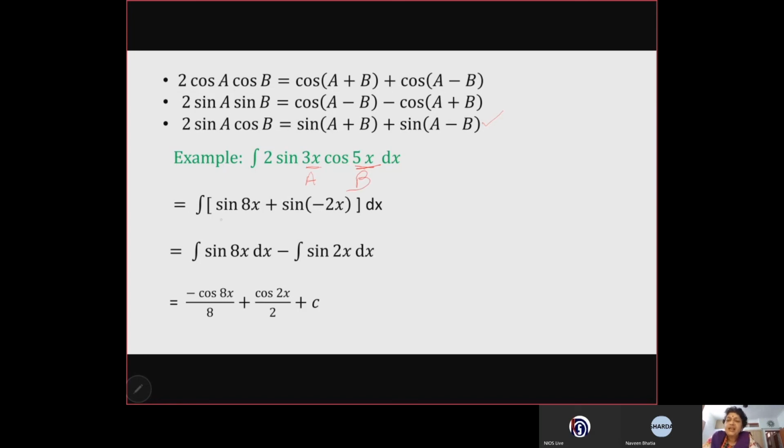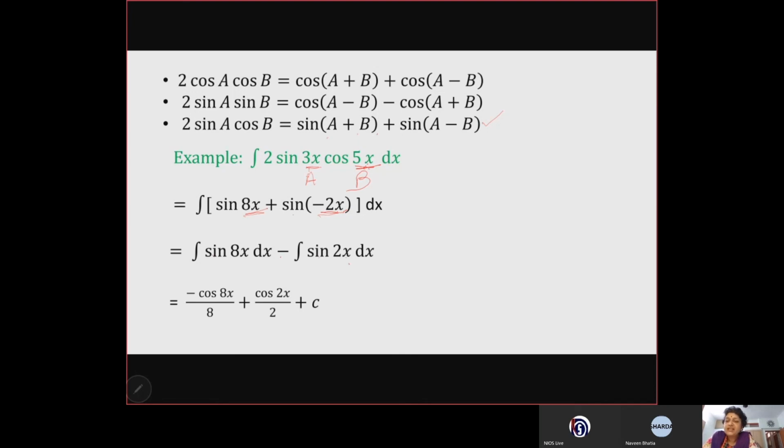So sine a plus b, 3x plus 5x, will make it 8x, and 3x minus 5x will make it minus 2x. And we know that sine of minus theta is minus sine theta. So we write it as minus sine 2x.